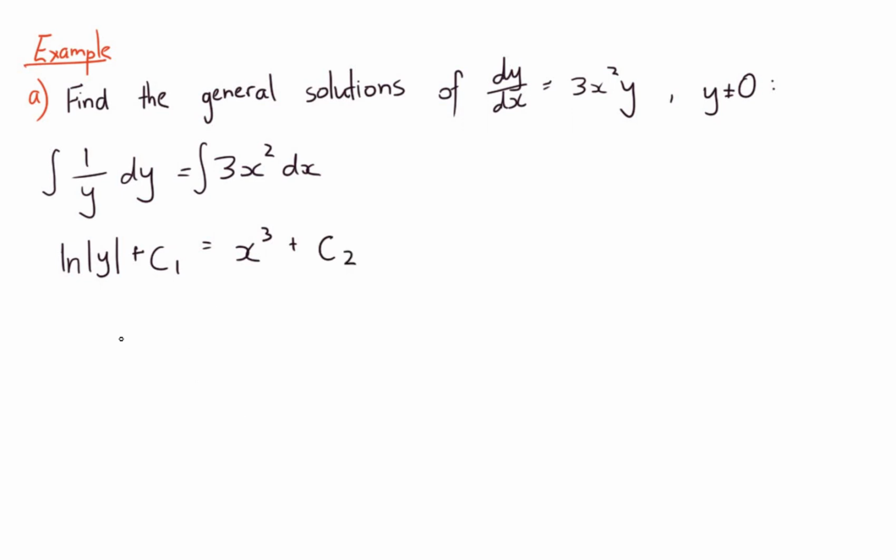Let's get y by itself. So we'll subtract the first constant from both sides, and so that will just give us some other constant. We'll call that C3 again. And now to undo the natural log, we need to take the exponential of both sides.